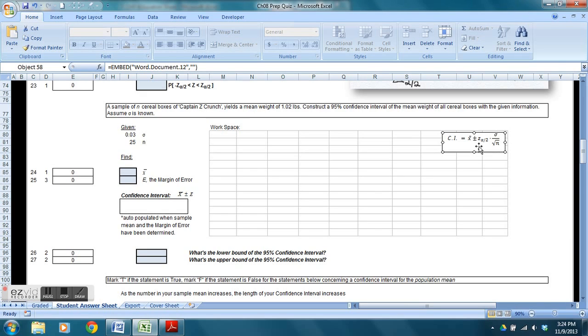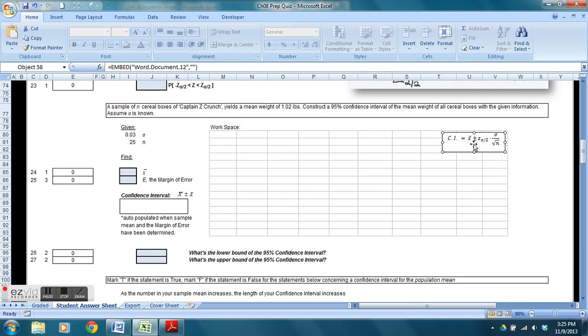This is Z times standard deviation divided by square root of n, where little n is the sample size. That is your margin of error right here. So this equation and this equation are the same. The only difference is you see your E in this equation, what it is computationally.